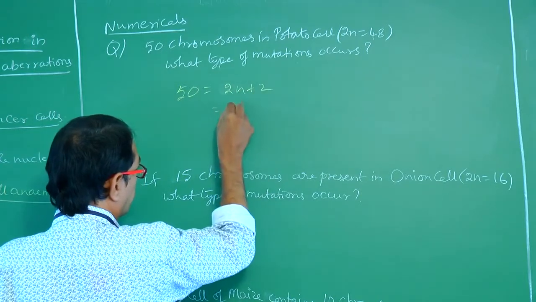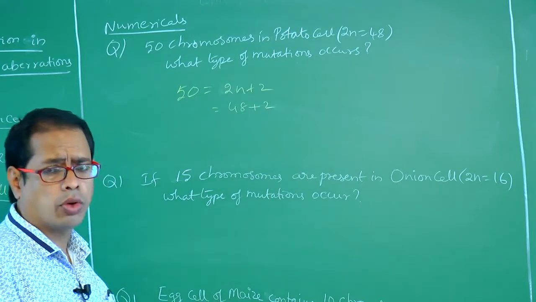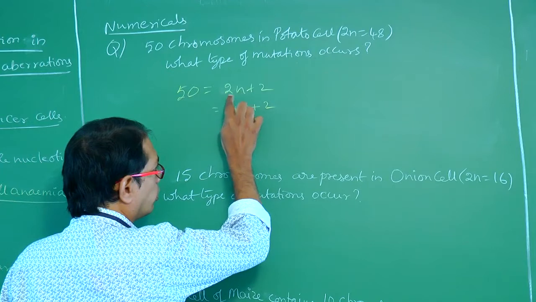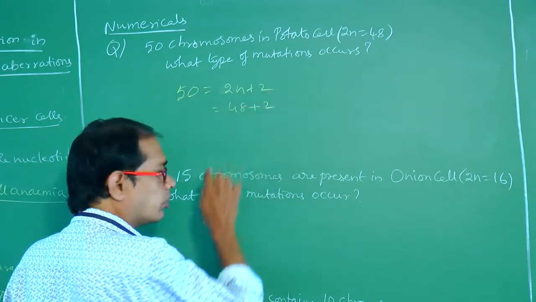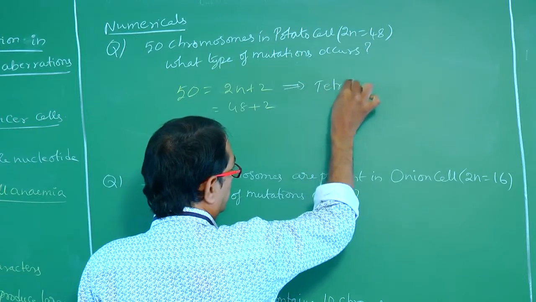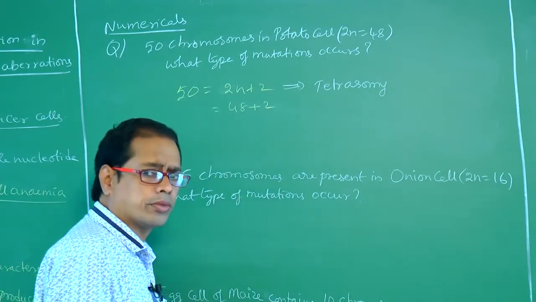So 50 is equal to 2n plus 2, where 2n means 48, plus 2. What is 2n plus 2? 2 plus 2 is 4. 4 is called tetrasomy.